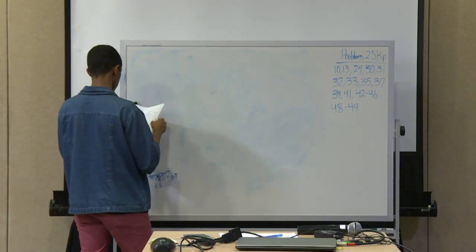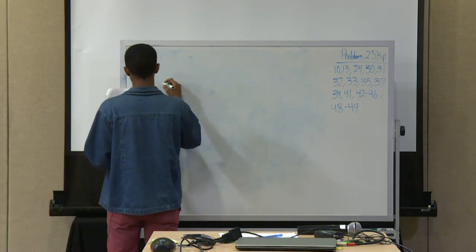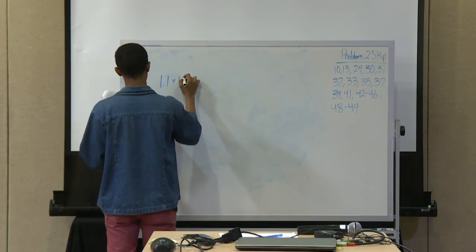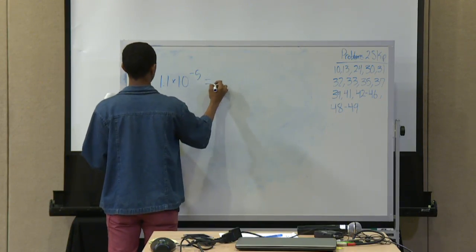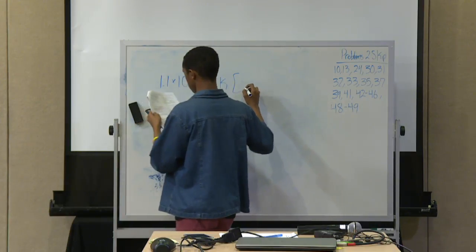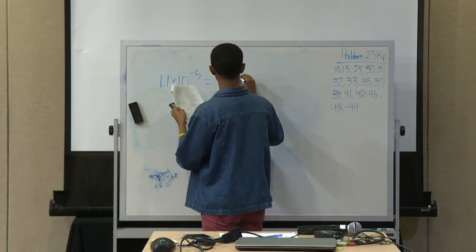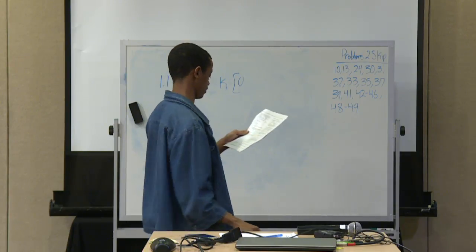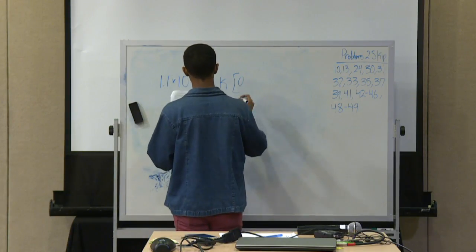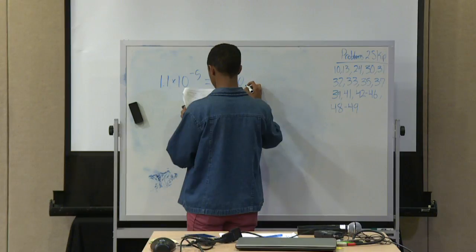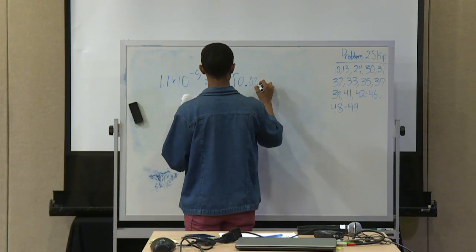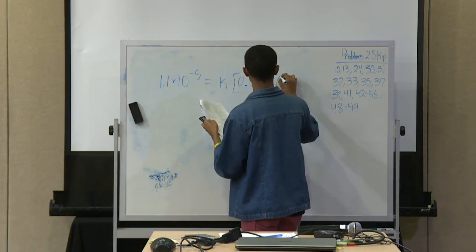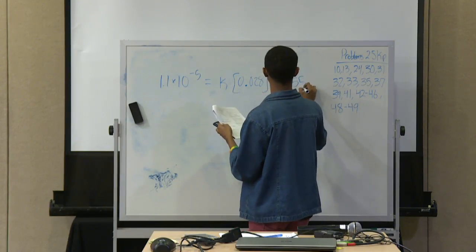So let's plug in the information for experiment 2, I guess. The rate for experiment 2 was 1.1 times 10 to the negative 5 equals K. Concentration of chromium was 0.028, and for the other one it was 0.055.